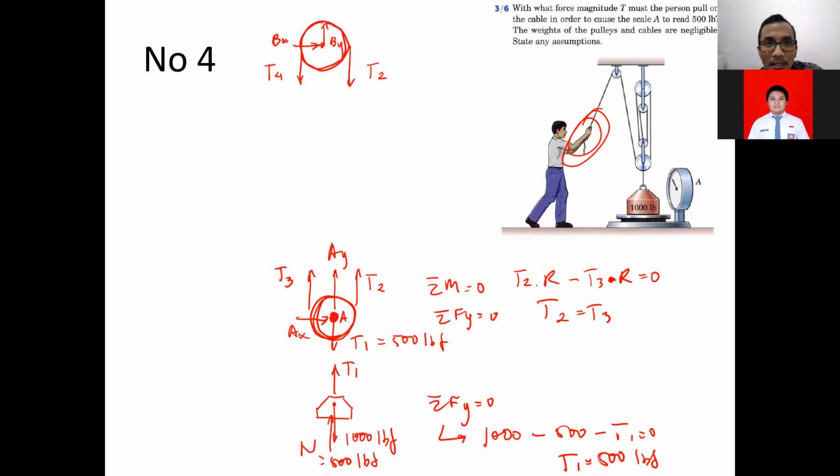From this one, using sigma moment at B equal to 0, what you will get is T4 equal to T2, right? Okay, now we know that T4 is equal to T2. Then this one is T2, this one is T4.